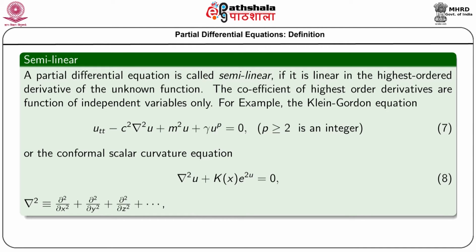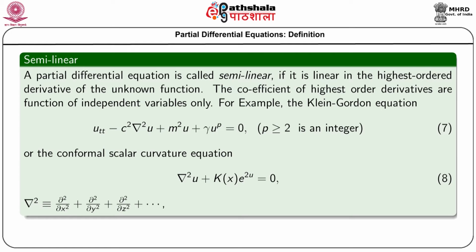In the case of a semi-linear differential equation, the coefficients of the highest order derivatives are only functions of independent variables. But in contrast, in the case of a quasi-linear equation, the coefficient of the highest order derivatives may be a function of dependent variables and the partial derivatives of lower order.